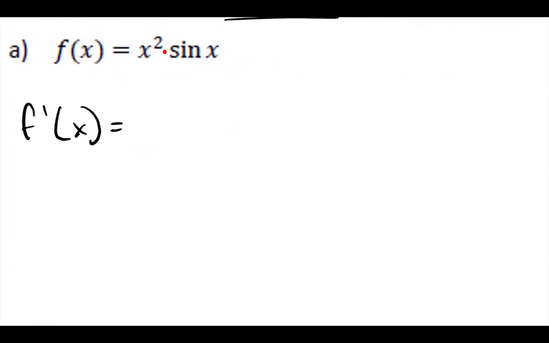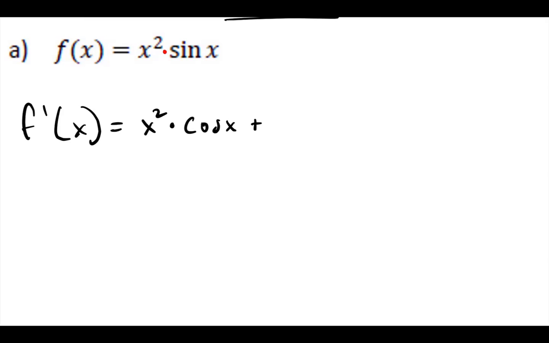Okay. So the product rule says the first times the derivative of the second, and then plus the opposite. The first one is x squared, so we got x squared there, times the derivative of the second. What's the derivative of the second? Cosine, it's right on the wheel.